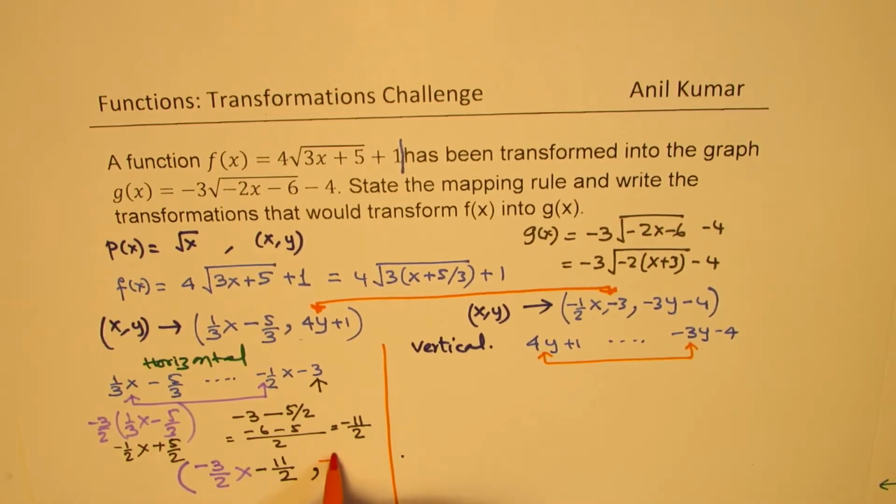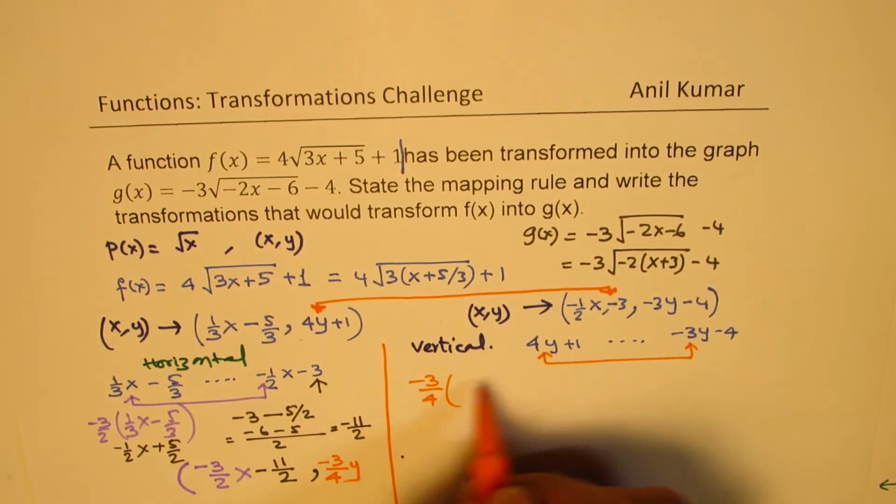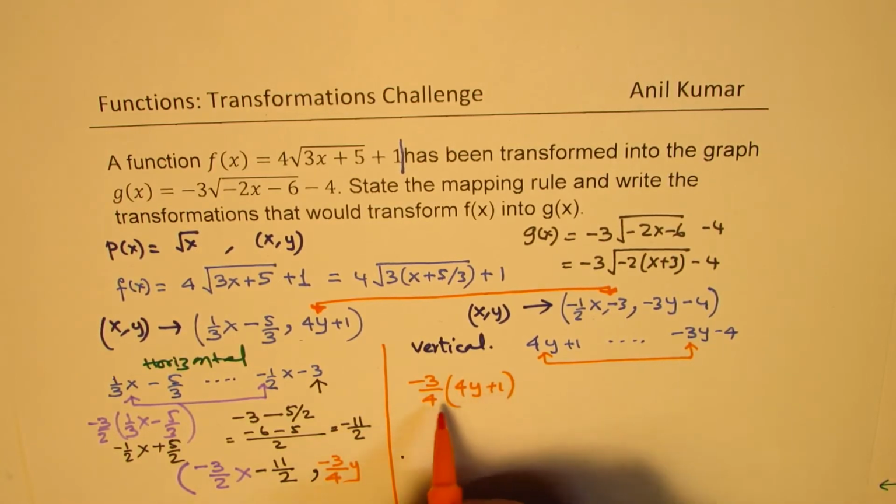So we get minus 3 over 4 of the y value. Correct? So applying the strategy, we'll multiply minus 3 over 4 with 4y plus 1. So what we get is minus 3y, and this is minus 3 over 4.